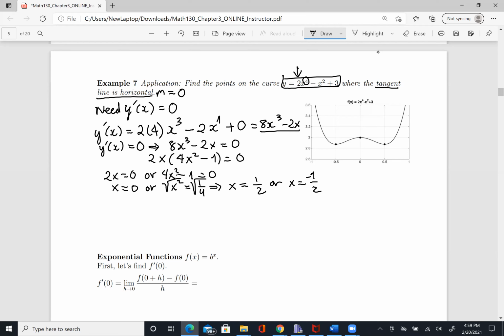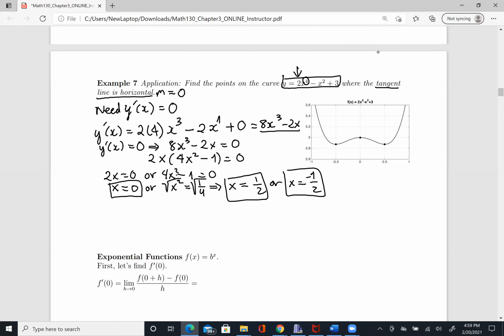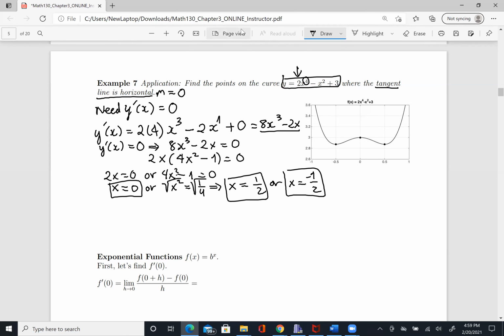So I have 3 things. This one, this one, this one. These 3 values of x will give you f derivative of x equal to 0.